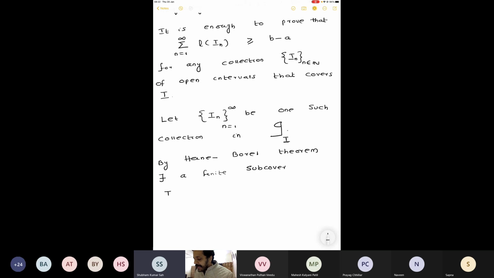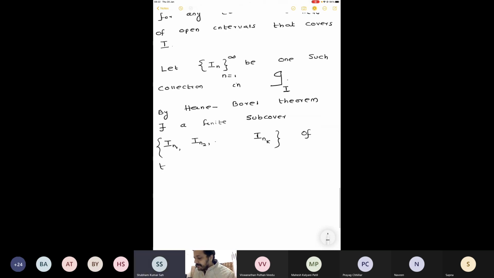Let me call it IN1, IN2, and so on, INK, of the open cover In, n equal to 1 to infinity.